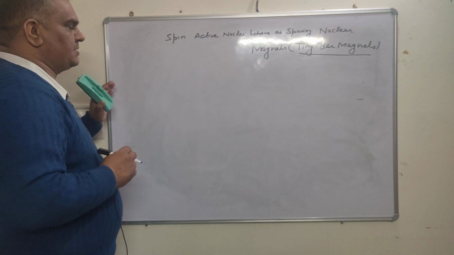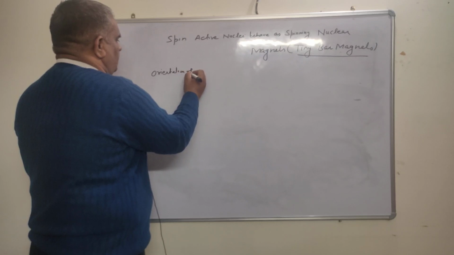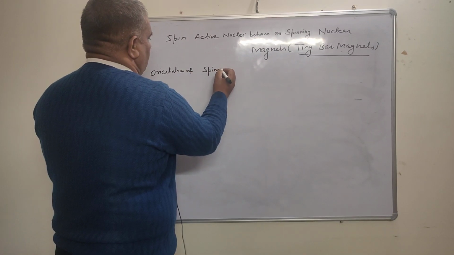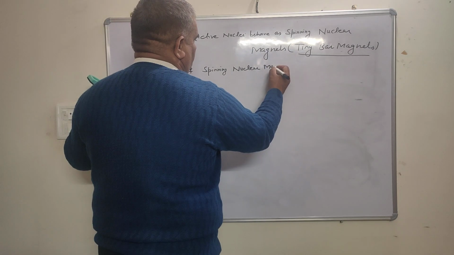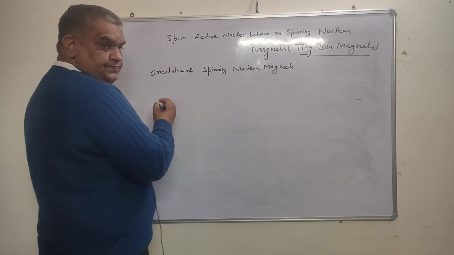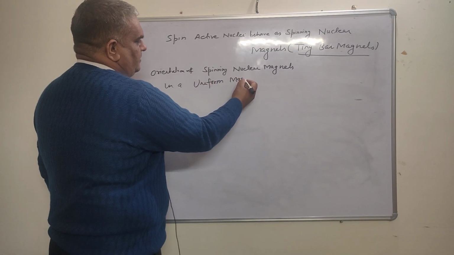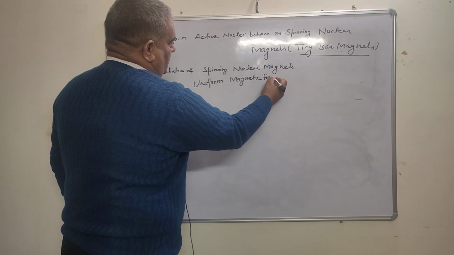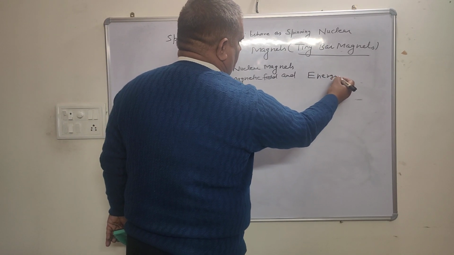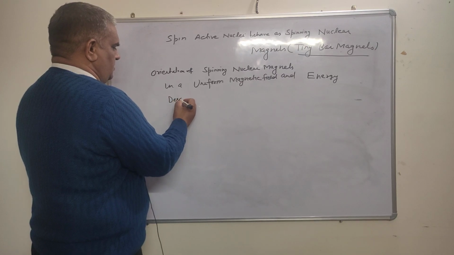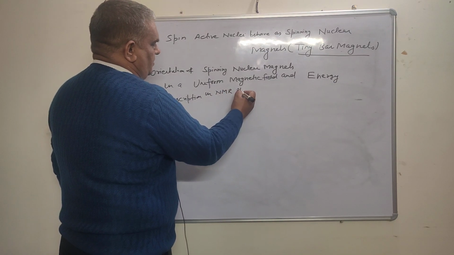Next is the principle of NMR spectroscopy: the orientation of spinning nuclear magnets in a uniform magnetic field, and energy description in NMR phenomena.